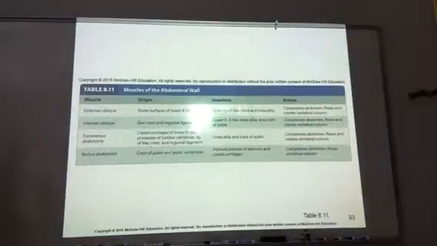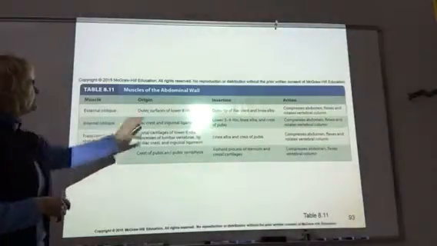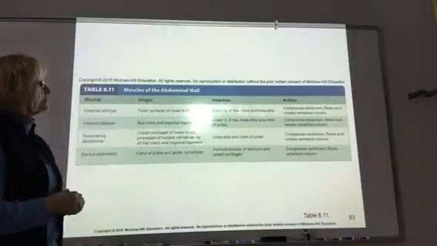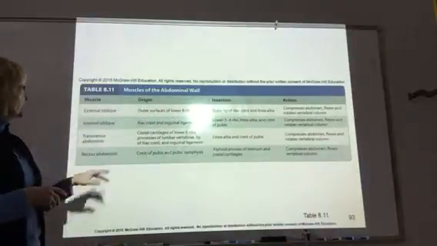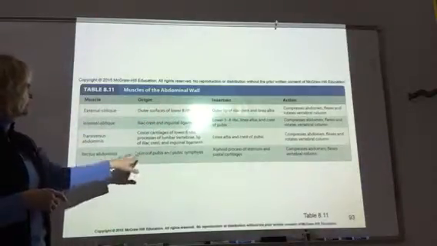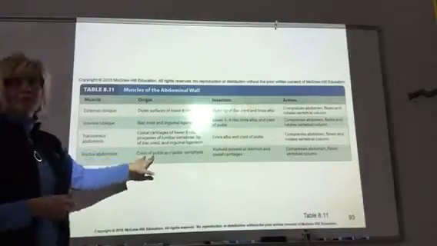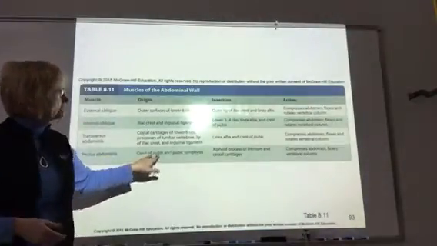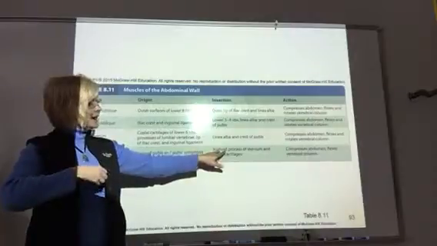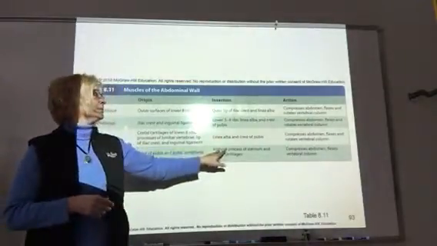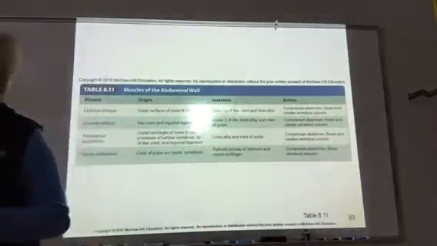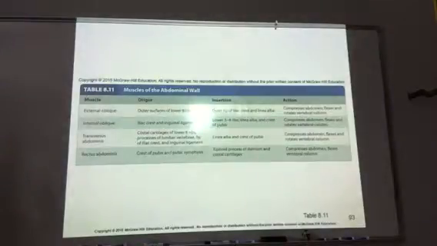So here's the table for review. You can see the origin, insertion, what it does. So here, if I look, notice the origin is the pubic area down at the bottom. The insertion is at the top because that's where it pulls down and it flexes the vertebral column.